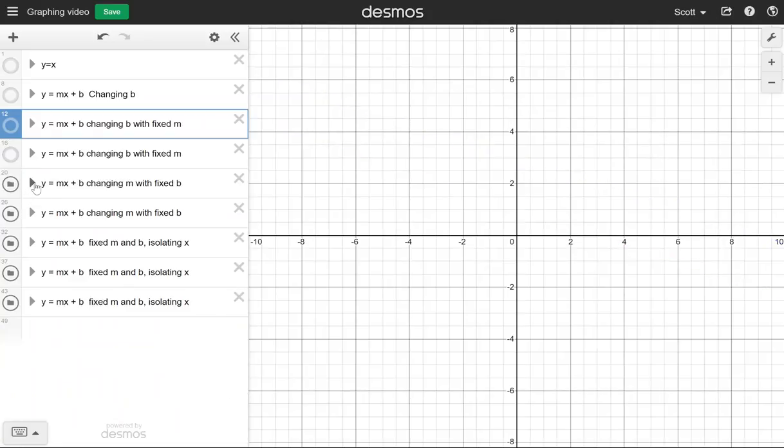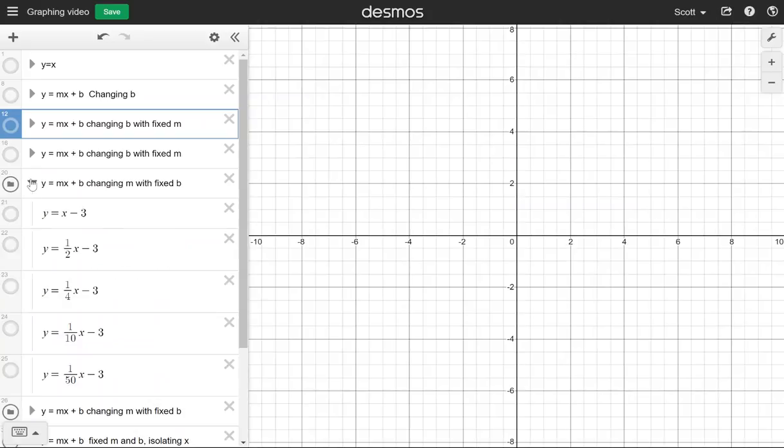Next folder. Here we're changing the slope, but we have a fixed y-intercept. So here we're subtracting 3, and our slope is 1.